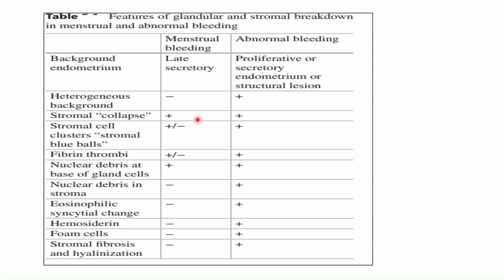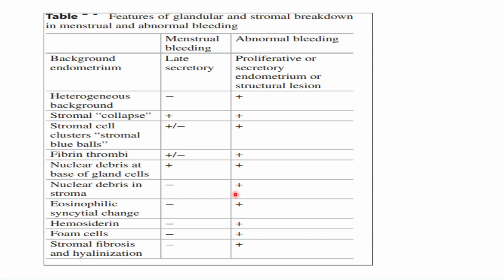Stromal collapse is present in both conditions. Stromal cell clusters in the form of stromal blue balls are present in abnormal bleeding. They may be present or absent in menstrual bleeding. Fibrin thrombi are present in both conditions. Nuclear debris at the base of the gland is present in both types of bleeding.